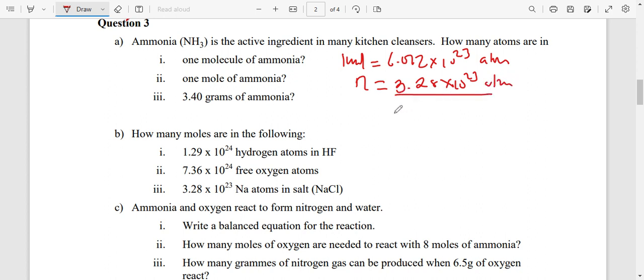So simply divide this value by 6.022 times 10 to the power 23 atoms. Power 23 will cancel out. So the number of moles therefore is going to remain 3.28 divided by 6.022. That is going to be about 0.527 moles.